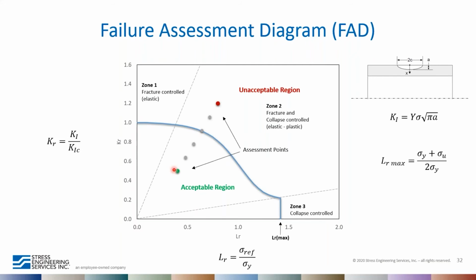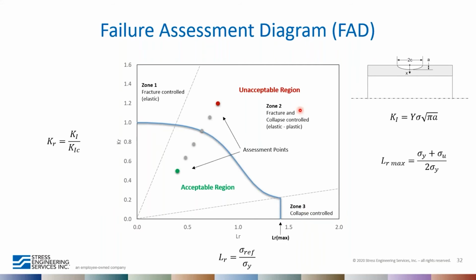Now, if we look more broadly at the FAD, we can realize that it's split into 3 general zones. Zone 1 is a fracture controlled zone, where the failure is due primarily to fracture type conditions, stress intensity at the crack tip, and it's also elastic primarily. Zone 3 on the opposite end is a collapse regime, where the loading is primarily controlled by collapse.